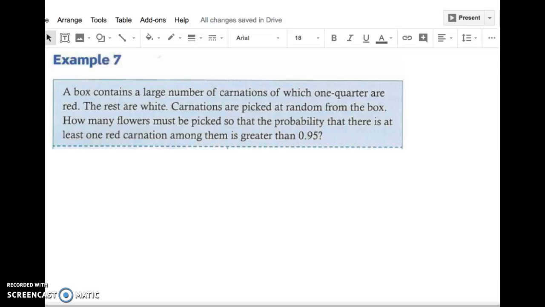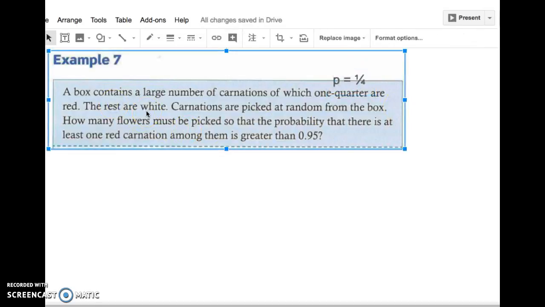The question told us that the box contains a large number of carnations, and 1/4 are red. The 1/4 is my P. All right, so the rest are white. So the other 3/4, they're all white.